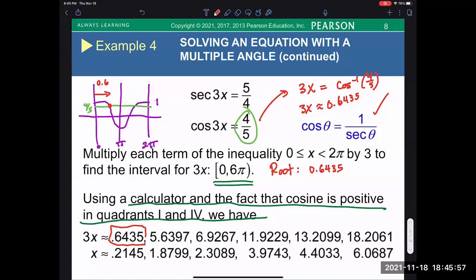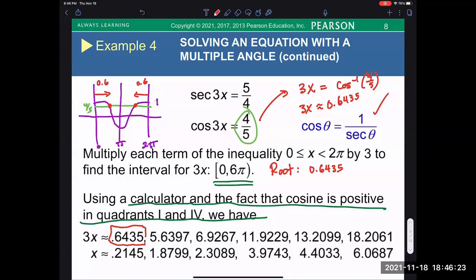In this 1 cycle range, by symmetry, there's another root solution over here. That first root solution came from the left border by moving right by 0.6. So the second solution we will find by backing up from 2 pi by 0.6 as well. That's the symmetry.